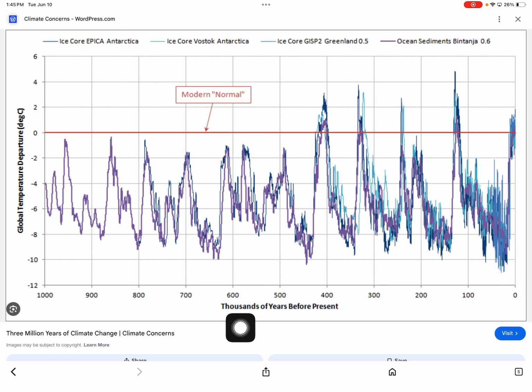So this is a million years before. Thousands of years, so this is a million years ago, for the last 1 million years. And I know the ice core sample can give you this temperature.